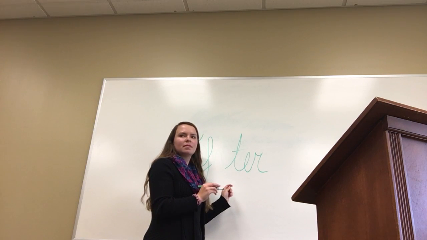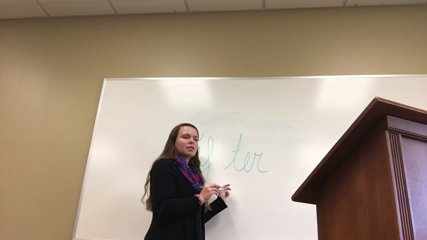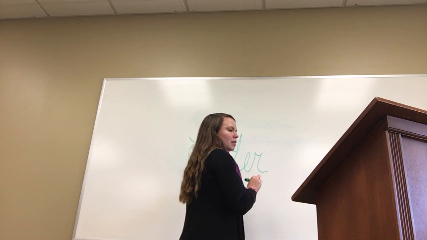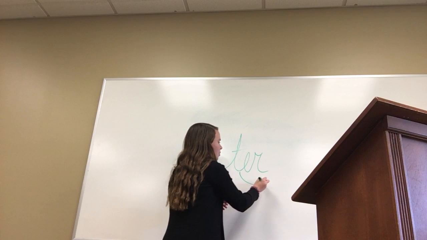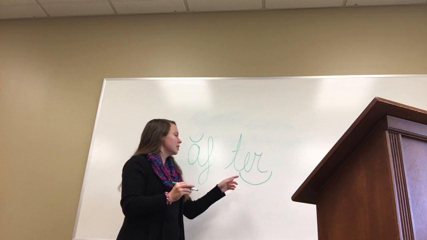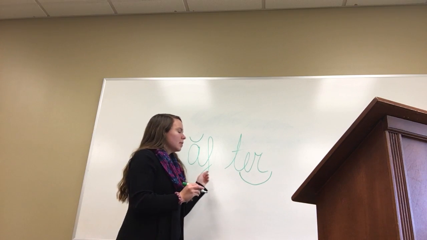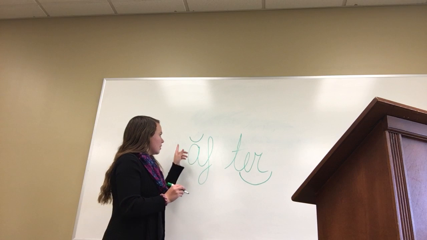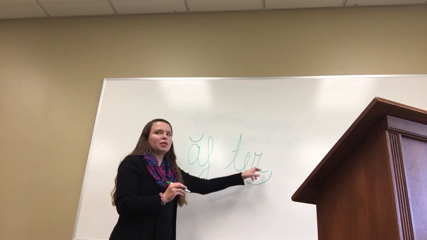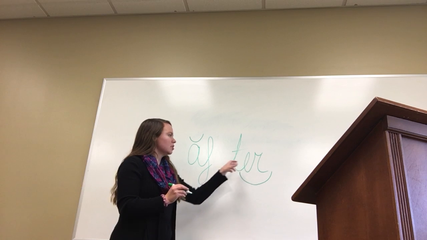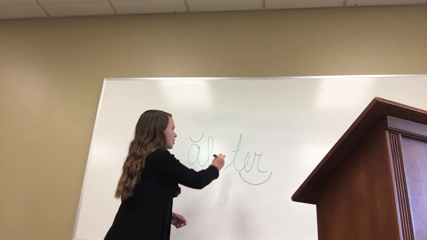We would place an arc under the two letters. It's called a weld. So we're going to put a weld under them. So we have the breve over the A and then the weld under the two letters because this is making just one sound. So we're going to weld it together.